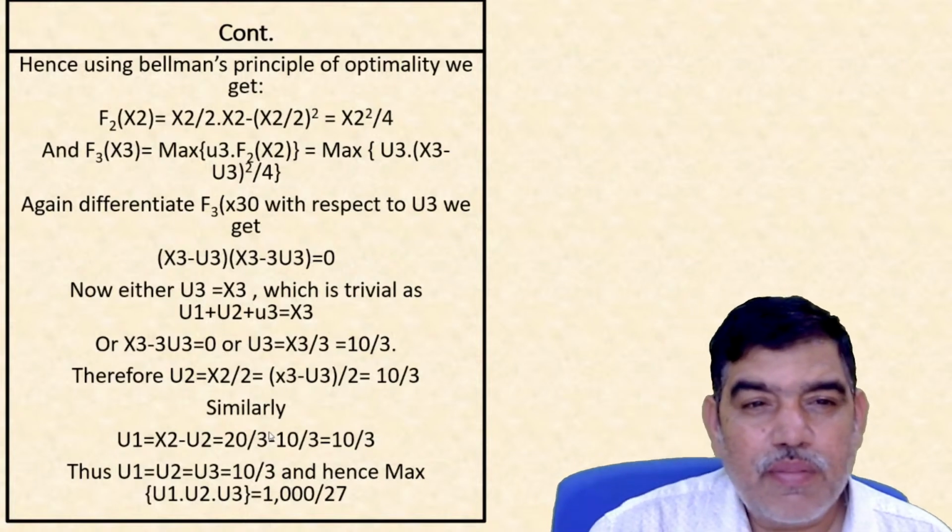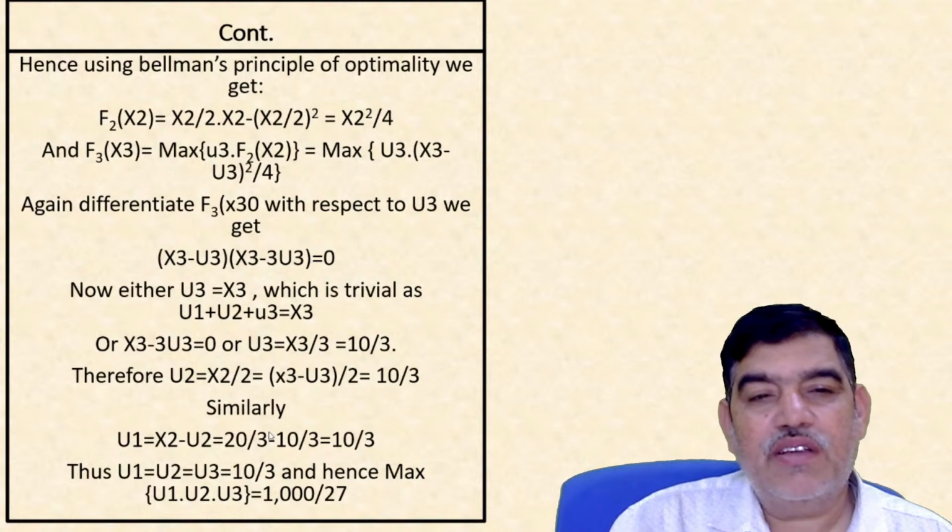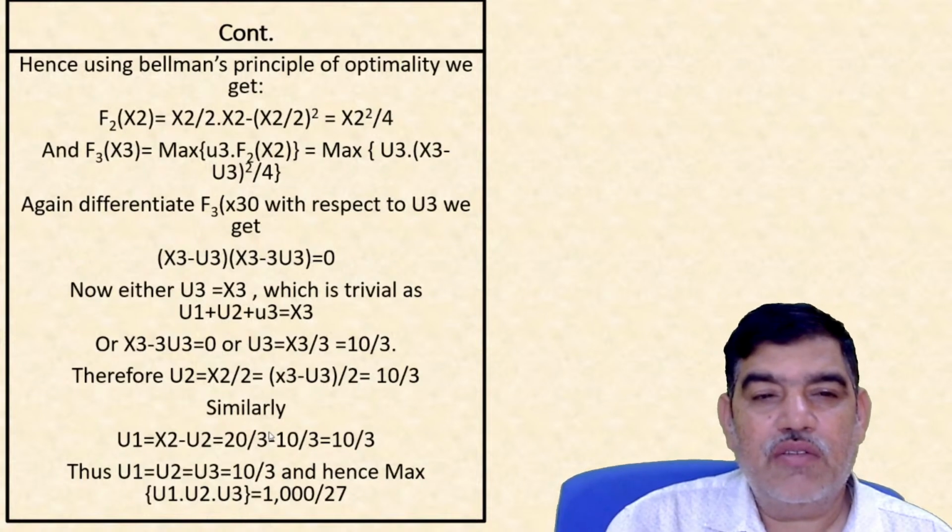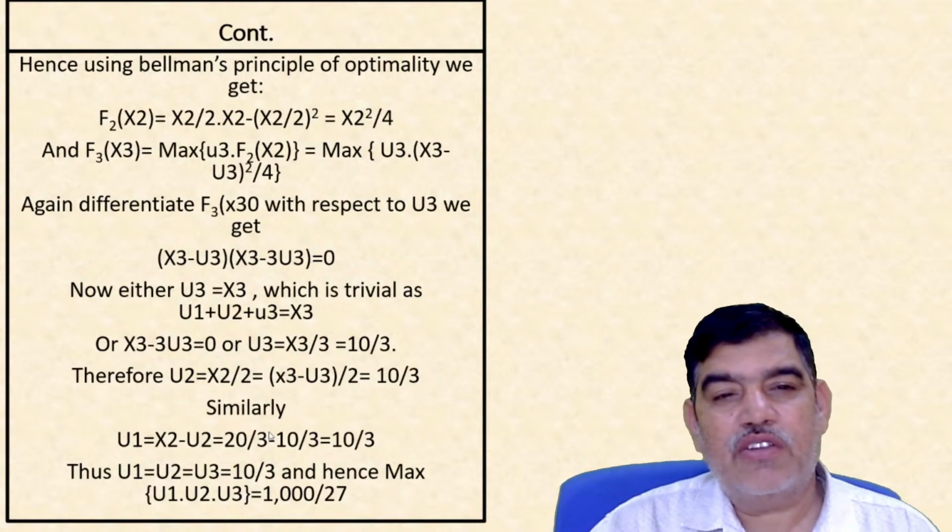Again differentiate f of x3 with respect to u3, we get (x3 minus u3) into (x3 minus 3u3) equal to 0.